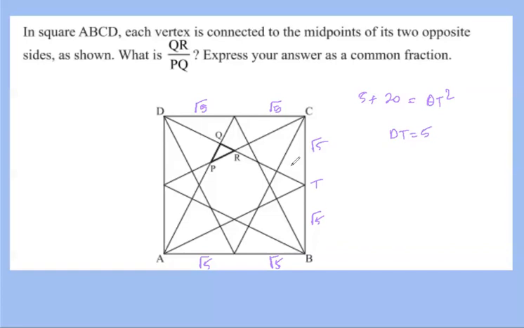So I'm going to see if you have any similar triangles, because I have a lot of triangles, right? To see if there are similar triangles, maybe I should label some angles. We already know all these lengths. This is √5.